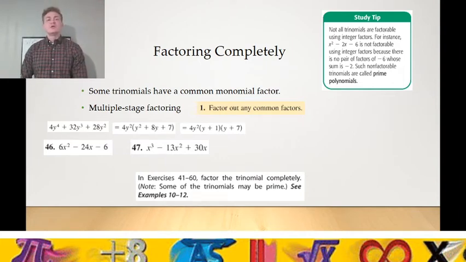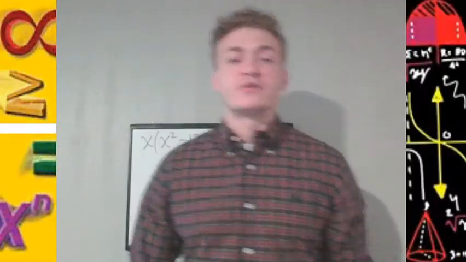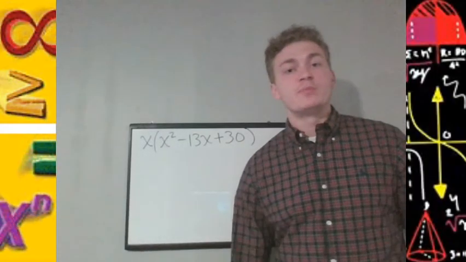X cubed, but if you take away, keyword take away, subtract or take away, a factor of x, you will only be left with 2 factors of x, therefore x squared. Minus 13x squared, if we take out a factor of x, we have minus 13x. And then the plus 30 times x, if we remove that factor of x, we leave behind plus 30.